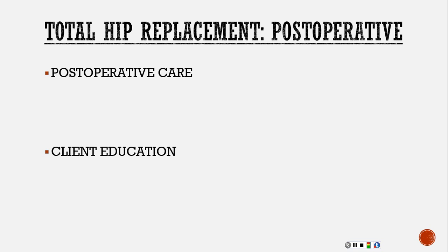Adduction is the real danger following a hip replacement, because you think about, okay, if my joint's here and I move it in, it's easy for that joint to pop out, or the head of the femur to pop out. So that's what they're really wanting to prevent. Now, you could easily cause a dislocation moving out as well, but that adduction is what they really want to prevent. So they do an abductor pillow to keep them in that position. Does that make sense?